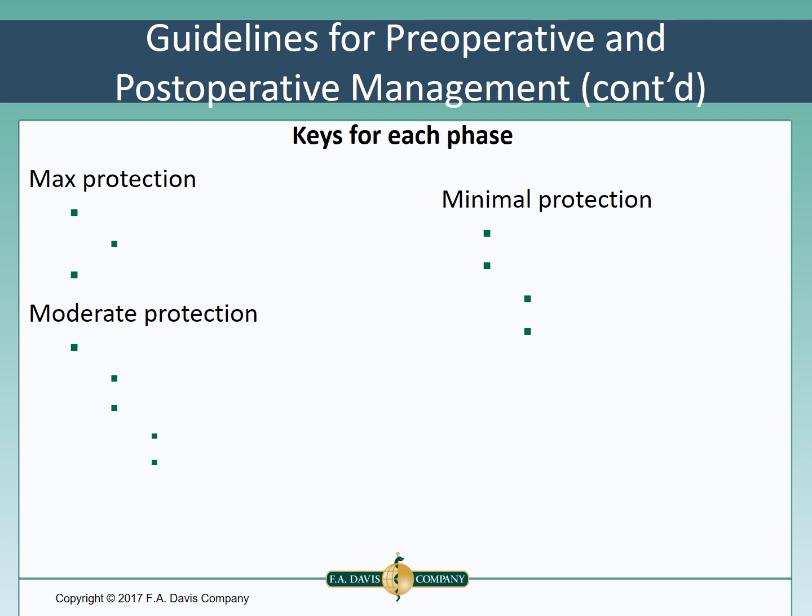The time frame for this generally starts about week 6 to week 12, and then it can last for 6 months or more. It really depends on how much was involved and what kind of tissues are in there.